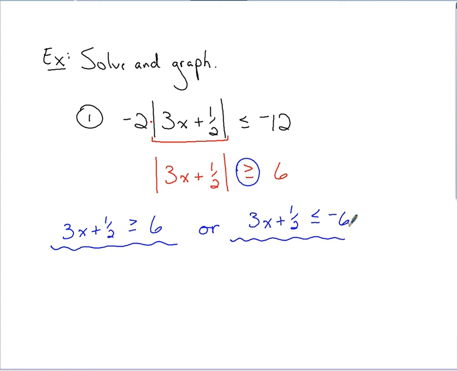Now, a few ways we can go about this. If we're not a fan of the fractions, say I'm solving over here for this inequality first, I could multiply both sides by 2. That would help me to clear the fractions out, meaning it'd be 6x plus 1 greater than or equal to 12.